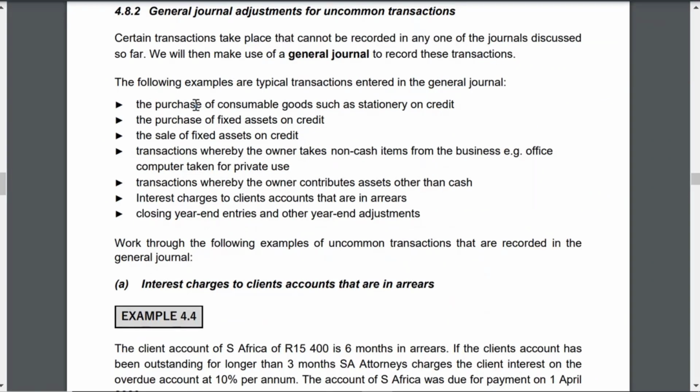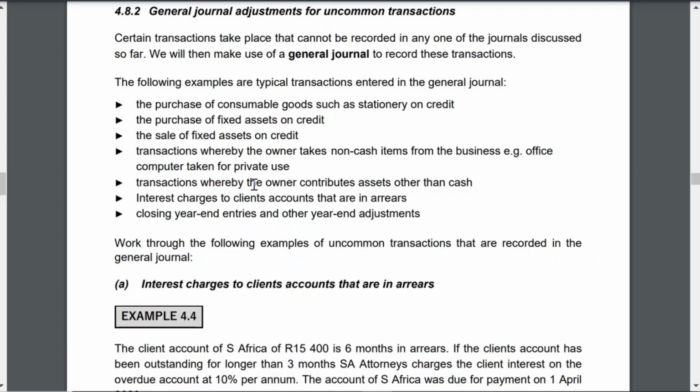Number 1, the purchase of consumable goods such as stationery on credit. Purchase of fixed assets on credit. Sale of fixed assets on credit. Transactions whereby the owner takes non-cash items from the business, for example, office computer taken for private use.